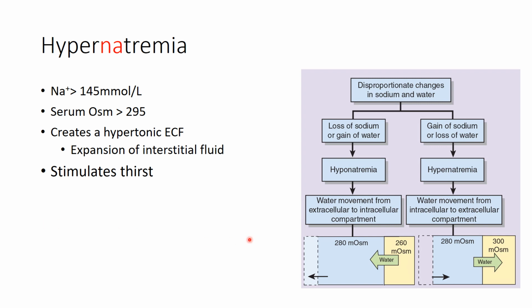Here we have hypernatremia, where a gain or loss of water is the cause, and that leads to an increase in sodium concentration. Now, osmosis works by moving water into and out of a compartment, and in this case the compartment is the intracellular compartment, which normally sits between 280 and 290 milliosmoles.